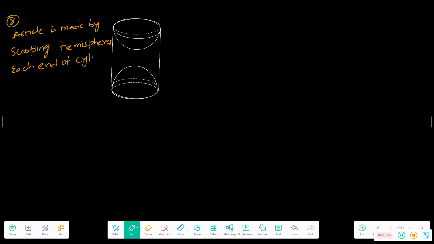of a cylinder, and the height of the cylinder is given as 10 centimeter.